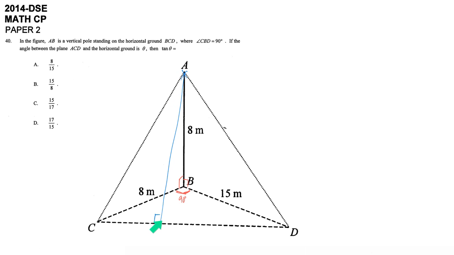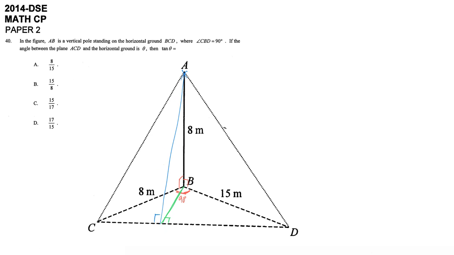So this blue line represents the plane ACD. And then we also need to find a suitable line to represent the horizontal plane. So again, along the intercept line, we draw a green line perpendicular to the plane. It's because this is a vertical pole, so these two lines will intercept at the same point.